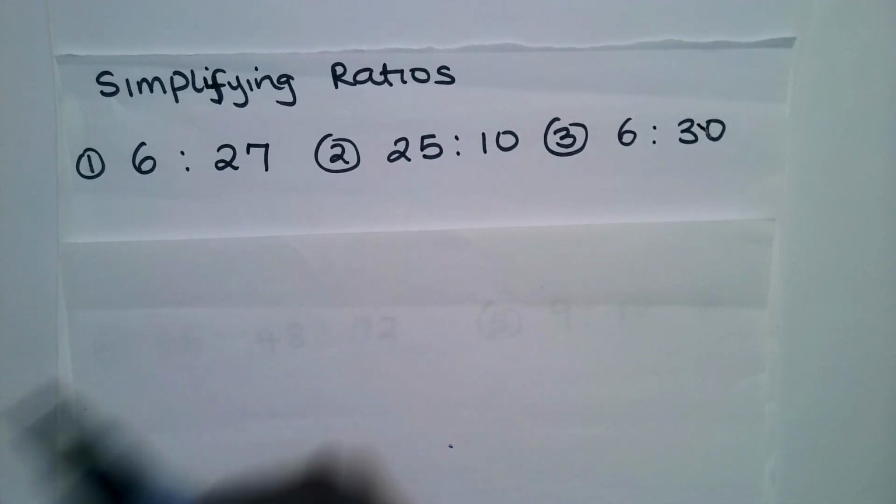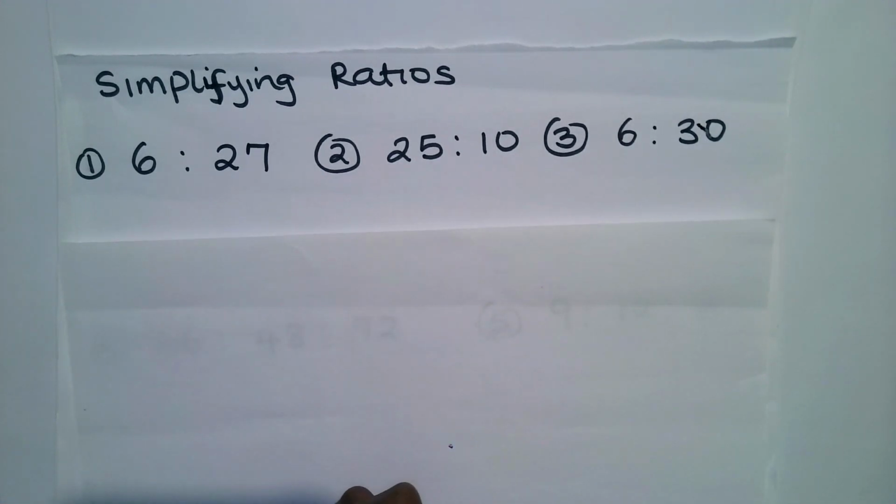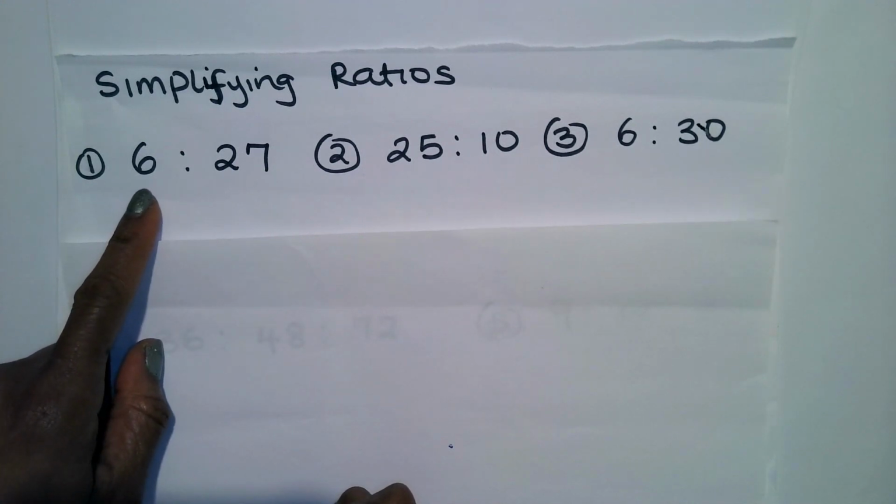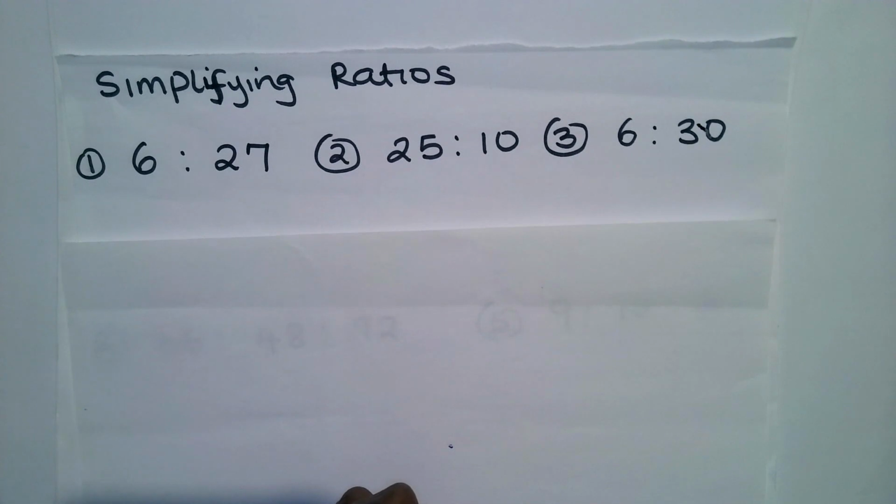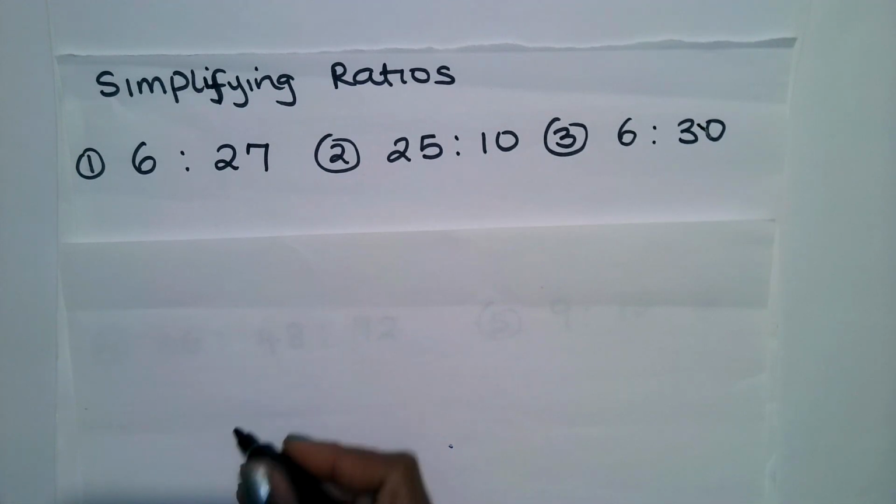Now to simplify this ratio, we're going to look for a number that can divide 6 and also divide 27. So we look into the 3 times table because 6 is a multiple of 3 and 27 is a multiple of 3.